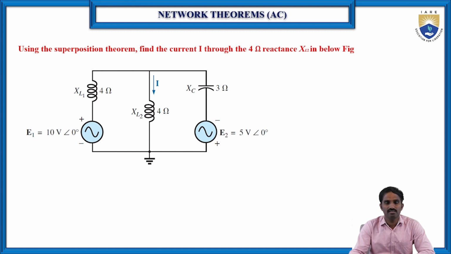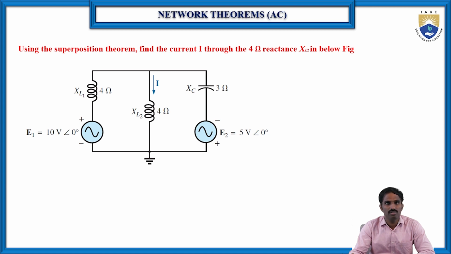Let us consider this circuit. For the circuit, find the current flowing through the reactance XL2, which is 4 ohms, by using the superposition theorem. As we can see, there are two AC voltage sources.